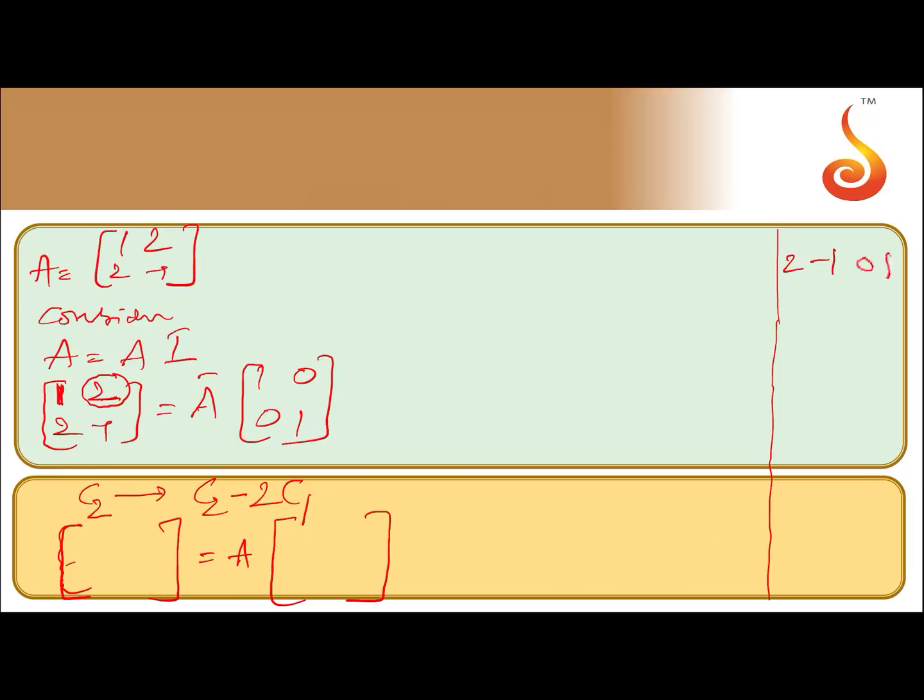I would write it row wise so that it will be convenient for me to work out. 2 times C1, first column multiplied by 2, it is plus 2 into 2, 2 into 1. 2 2s are 4, and 2 1s are 2, and 0. Okay, and subtracting it, C2 you are changing it.